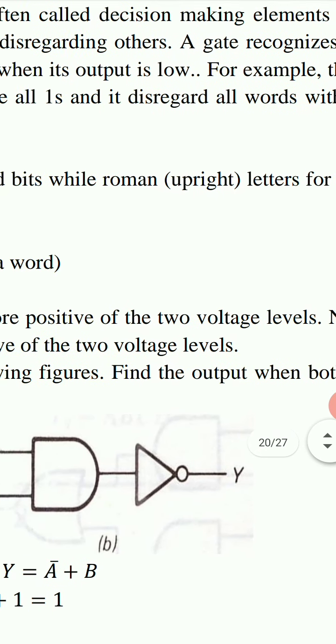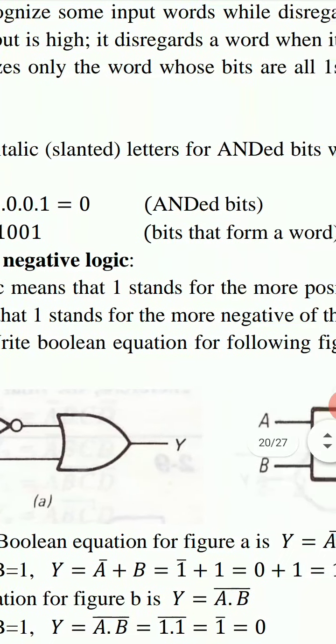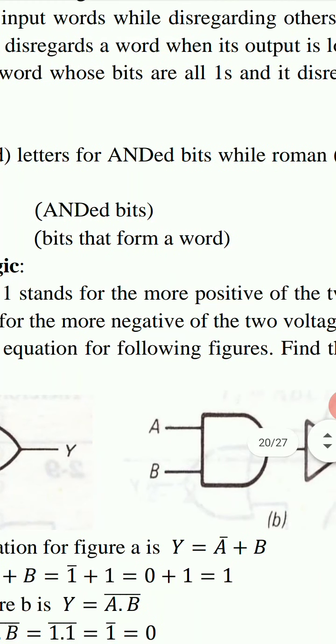For example, the AND gate recognizes only the word whose bits are all ones. When all input bits are ones, the output of the AND gate is 1. Then we say that it recognizes that word.